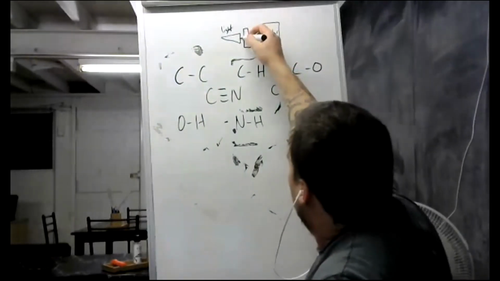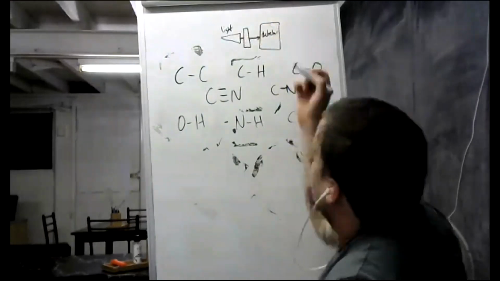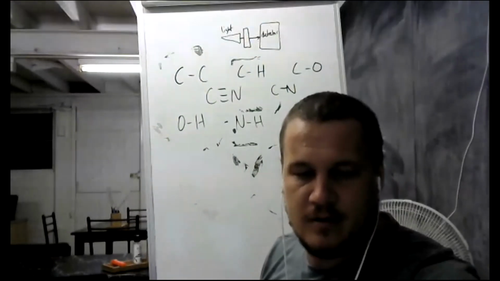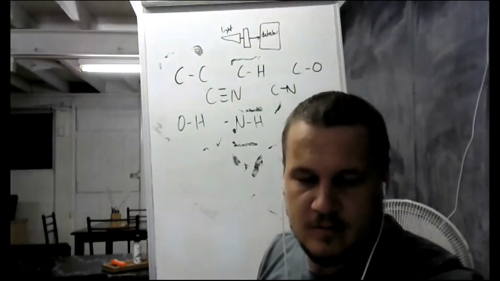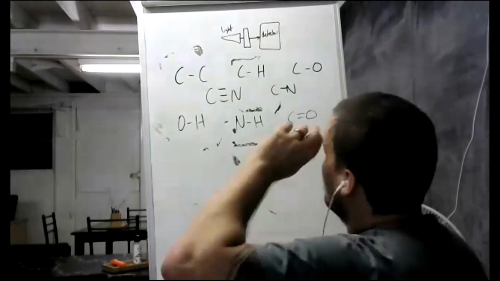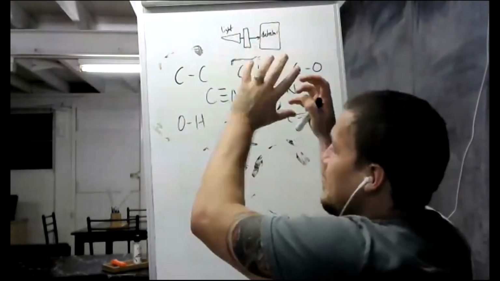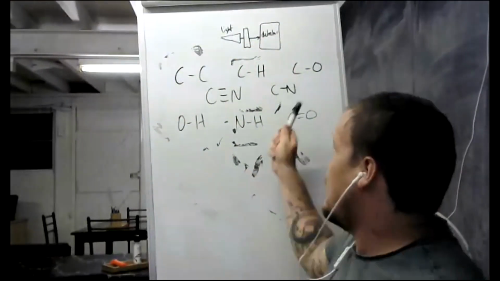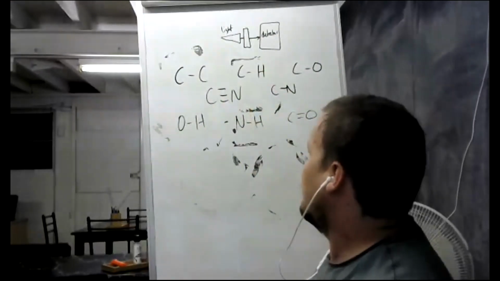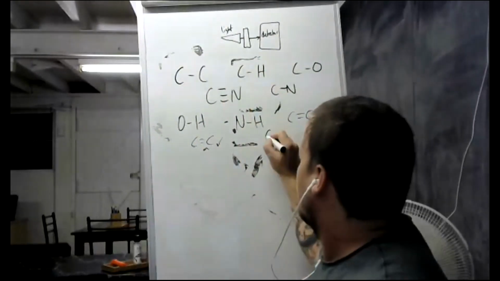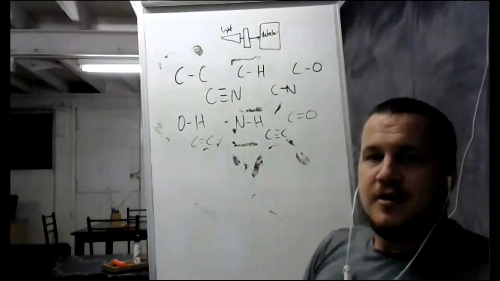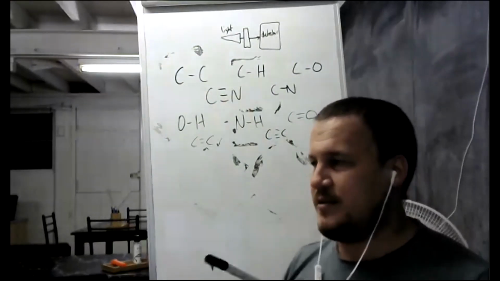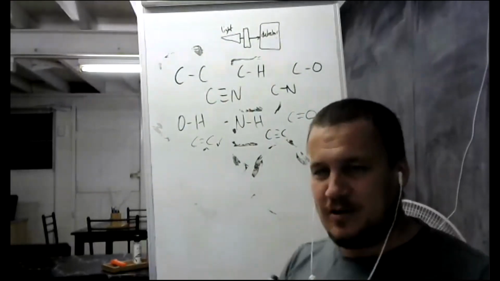So the light will pass through the sample. And what we're measuring is what wave number of light has been absorbed. Because each of these different bonds, also carbon to carbon double bond, carbon to carbon triple bond, they will all absorb a different wave number of light. And that's what we're looking for.